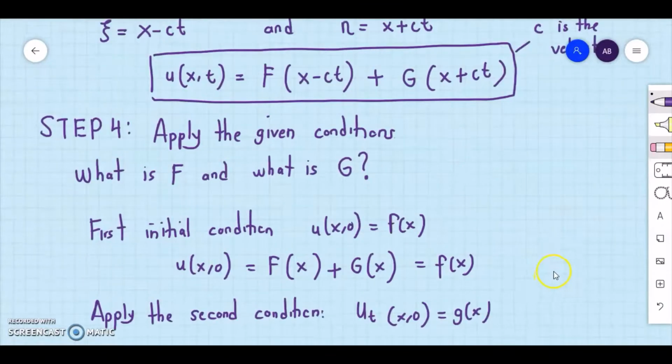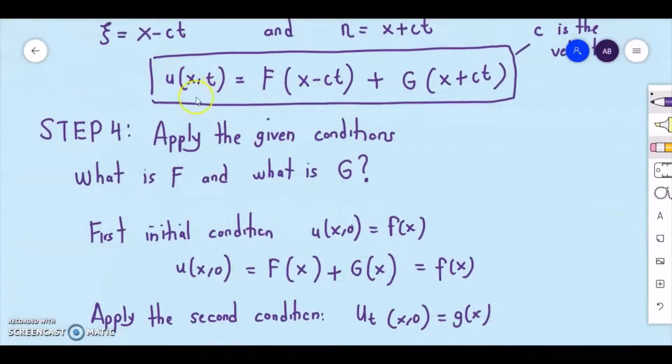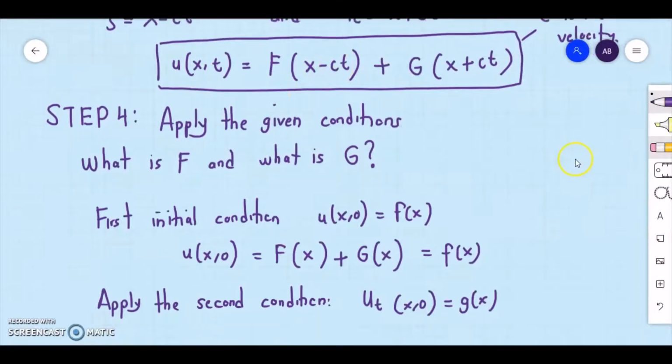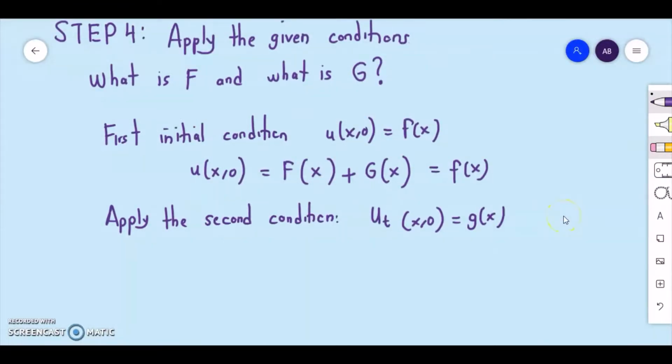So this is my equation, right? The given equation, f of x minus ct plus g of x plus ct.